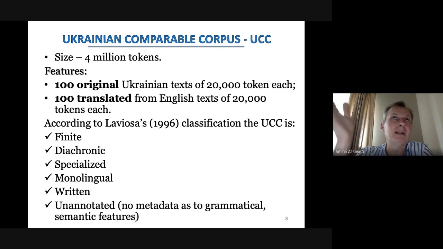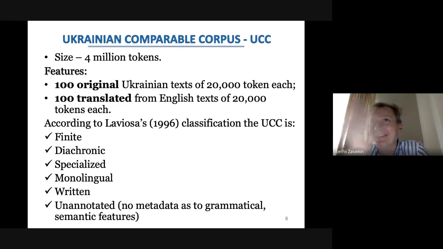So it was balanced. There were texts written a few centuries ago, and at the same time they were balanced by texts written recently. That's why the UCC is diachronic.